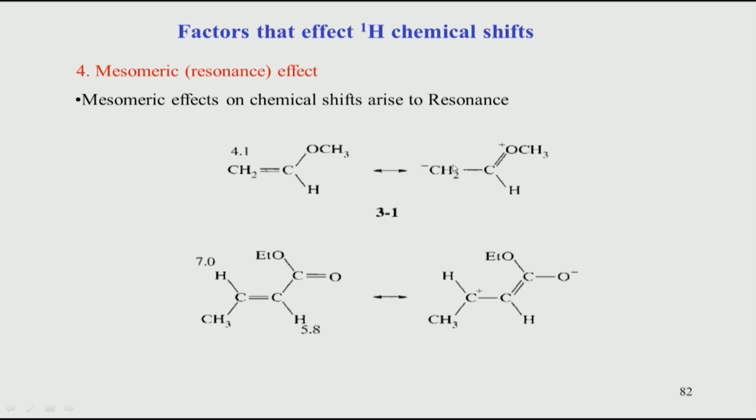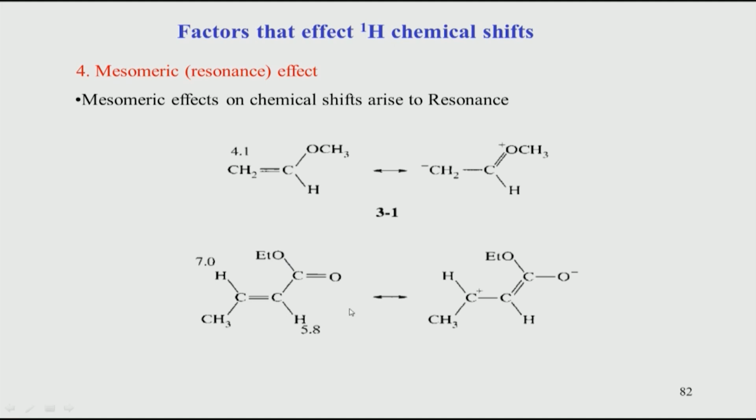When you say negative charge, it means that carbon has accumulated electron density, and that influences the electron density around this hydrogen. So, this hydrogen will become upfield shifted because of the negative charge accumulated on the carbon, whereas this one becomes downfield shifted because it has acquired more positive charge.